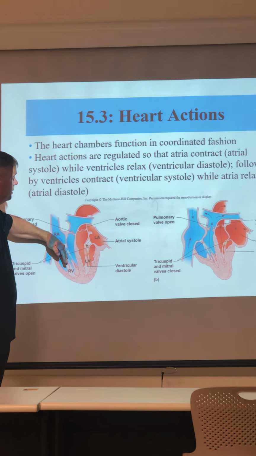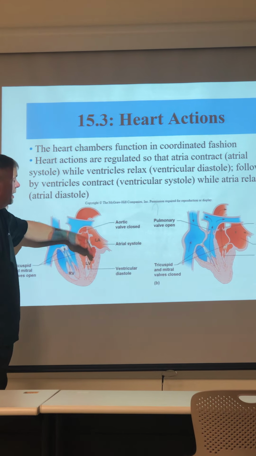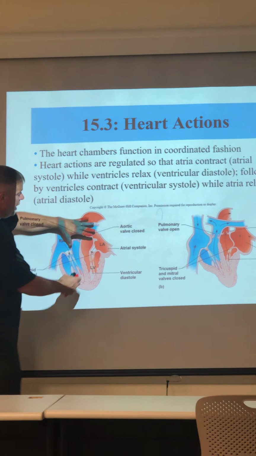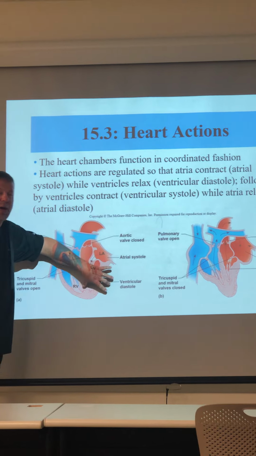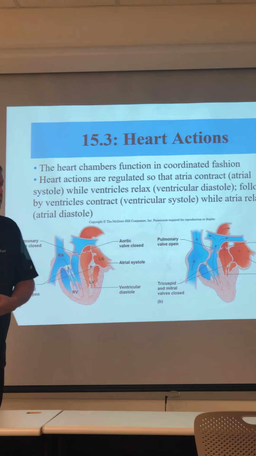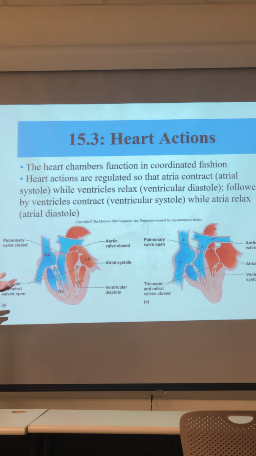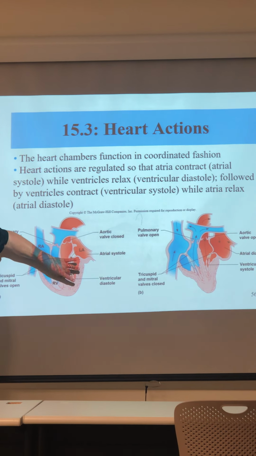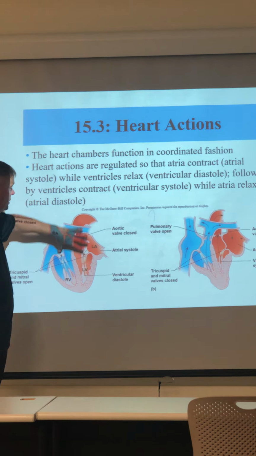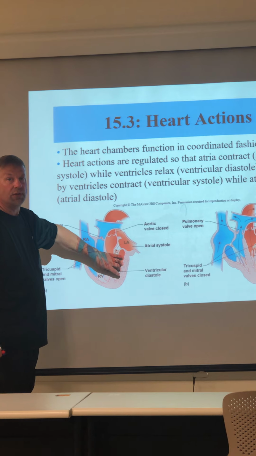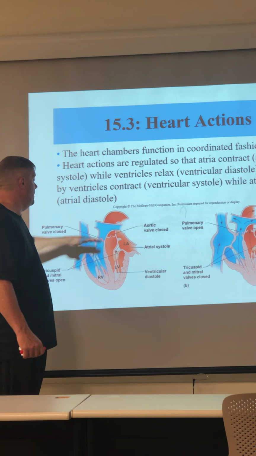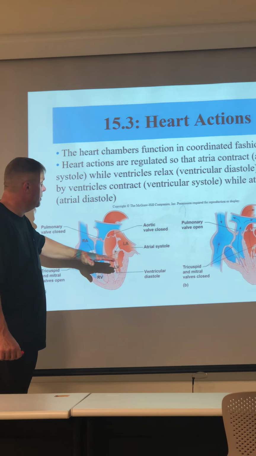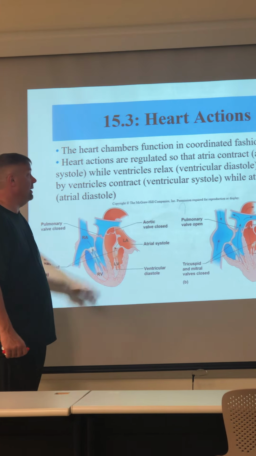Even though the right side of the heart pumps blood to the lungs, the left to the system, we also have the top chambers working together and the bottom chambers working together, which is very interesting. But they don't conflict. When these are in relaxation, these have contracted. So if these are relaxing, these are contracting. If these are relaxing, those are contracting.